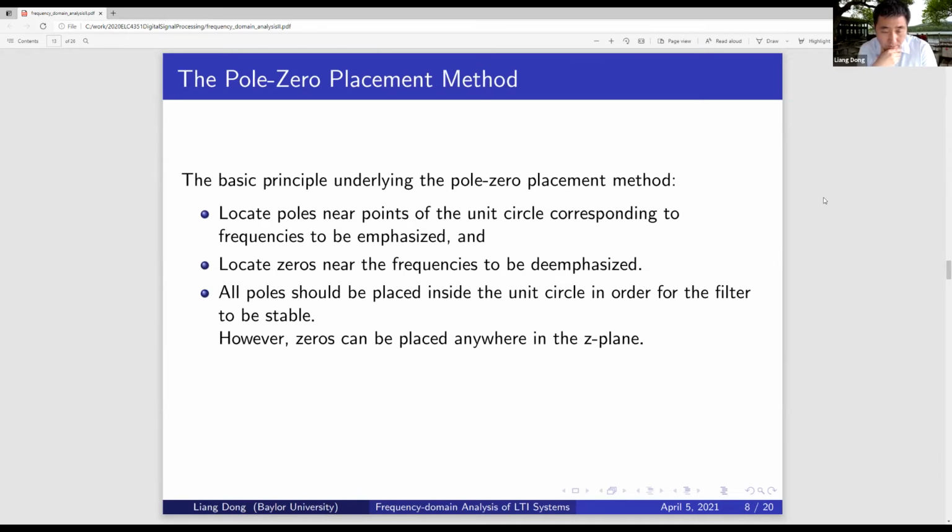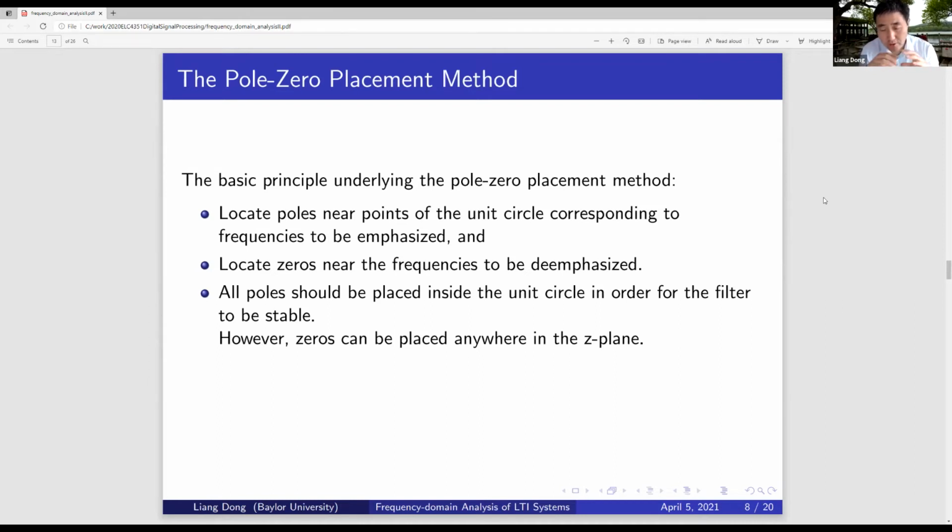Now for the Z-plane, you can put the poles and the zeros anywhere in the Z-plane. But as we know, for a practical system, we are only looking at the unit circle. So in order to make sure that those zeros and poles will take effect in the frequency domain, we have to move those poles and zeros close to the unit circle. All poles should be placed inside the unit circle in order for the filter to be stable.